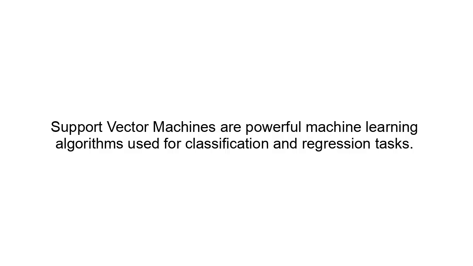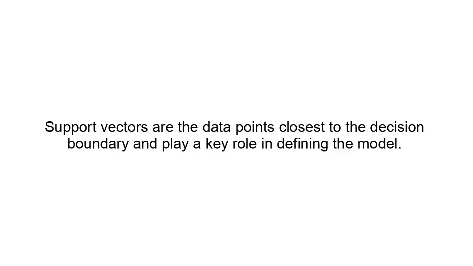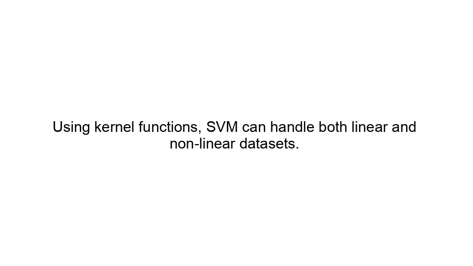Final summary. Support vector machines are powerful machine learning algorithms used for classification and regression tasks. They work by finding a hyperplane that separates data while maximizing the margin between classes. Support vectors are the data points closest to the decision boundary and play a key role in defining the model.